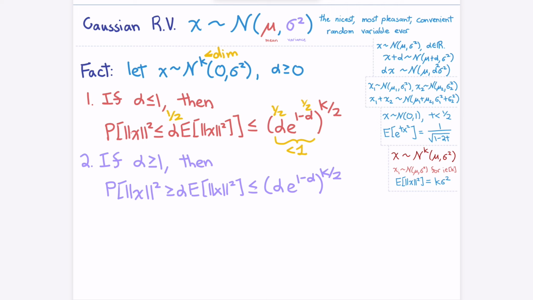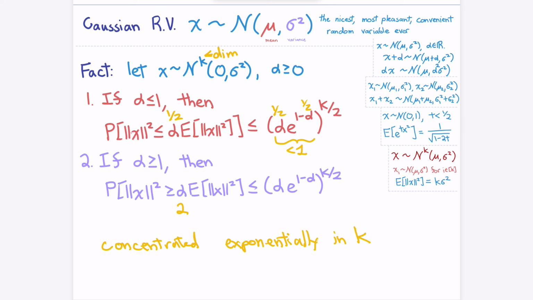And likewise here, the odds of being twice, 2 times the expectation is also plummeting in k. So it's concentrated, for lack of a better word, exponentially in k.